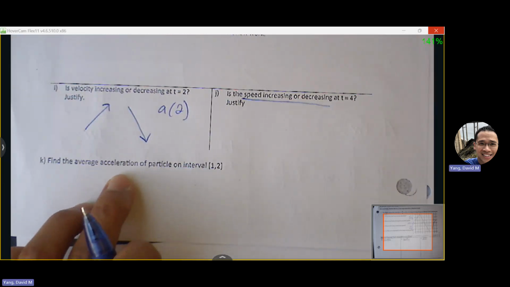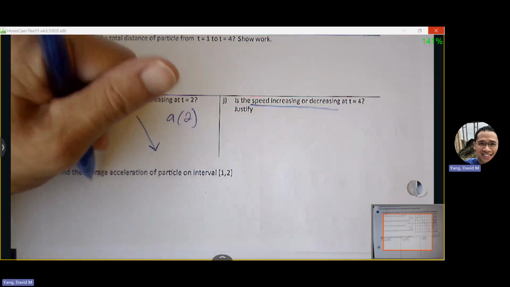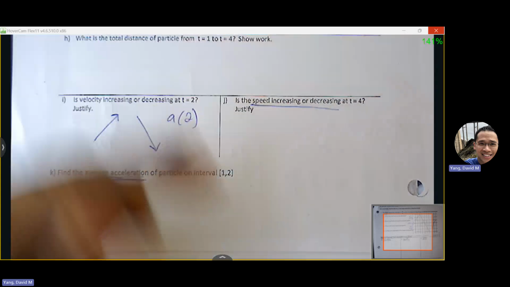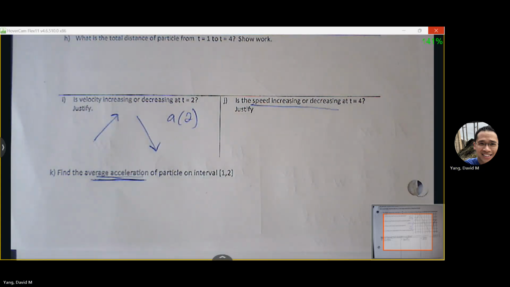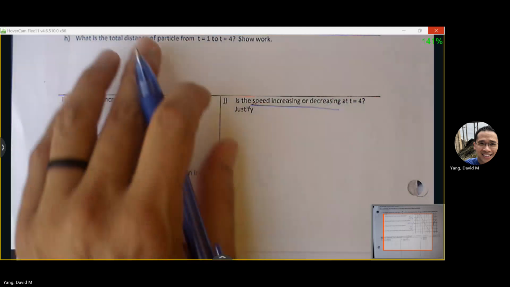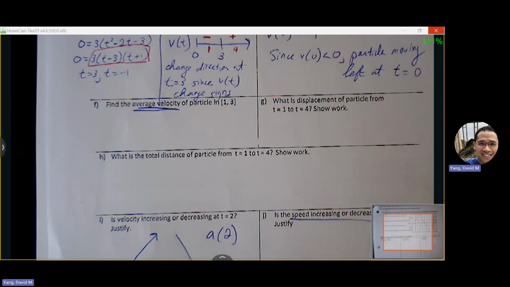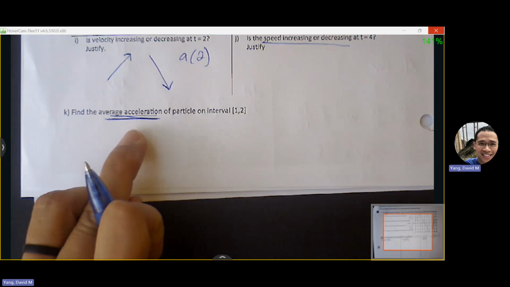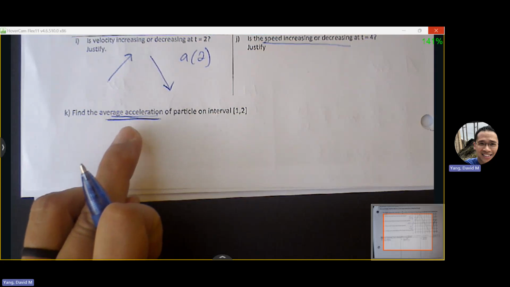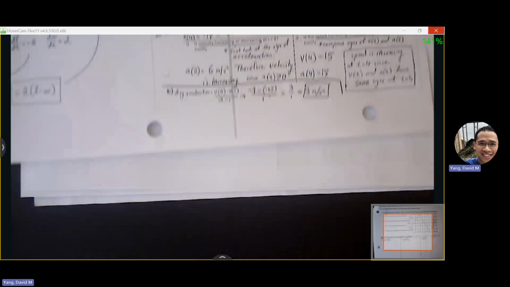And then for part K, find the average acceleration. How do you think we define average acceleration? It's similar to average velocity. For average velocity, we don't use velocity, we use the function above it, right? Change in position over change in time. So therefore, average acceleration can be defined as what? Change in velocity over change in time, yeah.